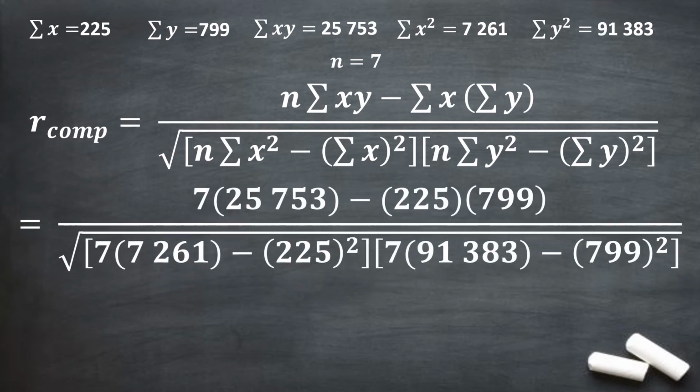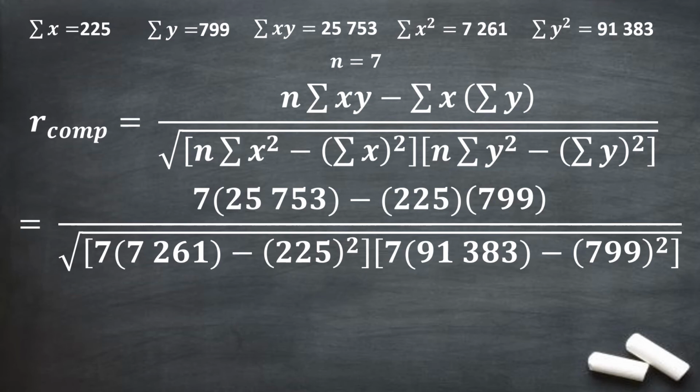Then substituting the values, we will have 7 multiplied by 25,753 minus 225 times 799, all over the square root of the product of 7 times 7,261 minus 225 squared, and 7 times 91,383 minus 799 squared.